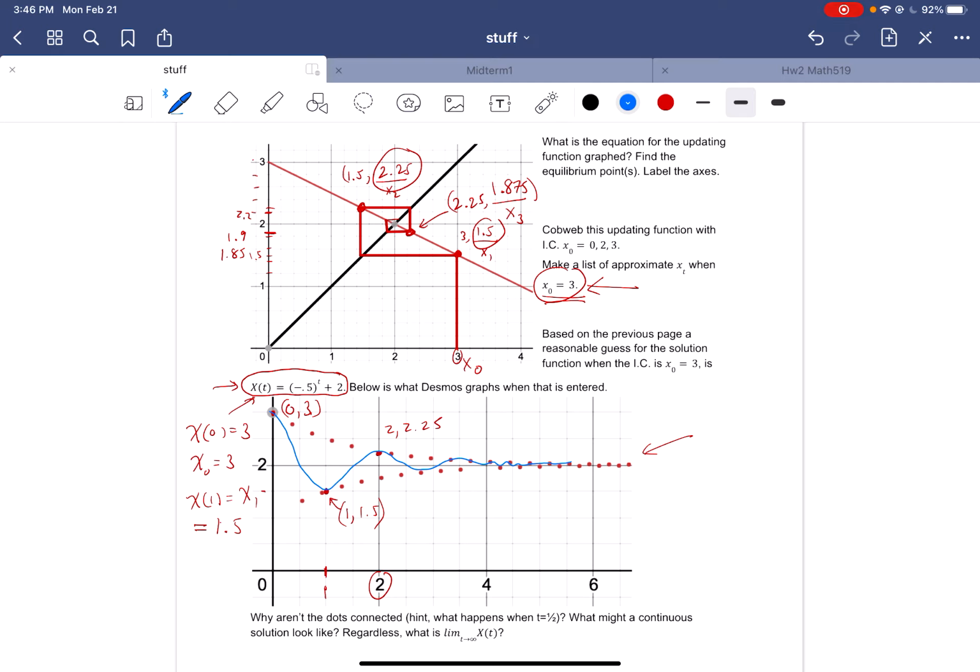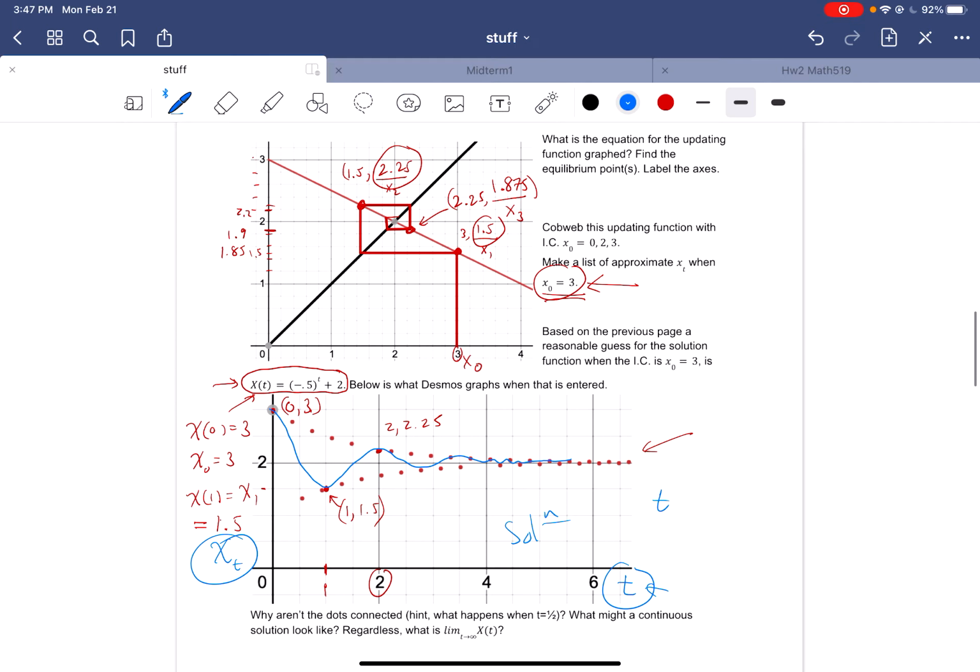Okay? But we still see that now, since this is a graph of a solution function, my input is t, my output is x sub t. My input is time, my output is the measurement I had on my path. Okay, so we still see that as t goes to infinity, we head towards equilibrium, which in this case, so as t goes to infinity, x sub t is heading towards 2.